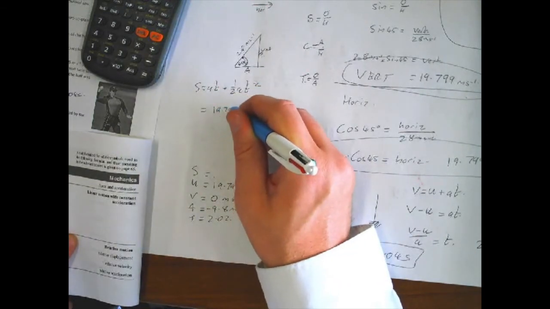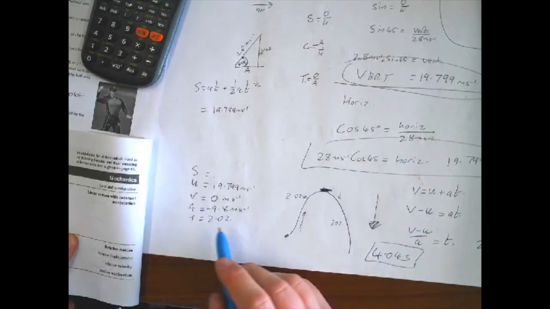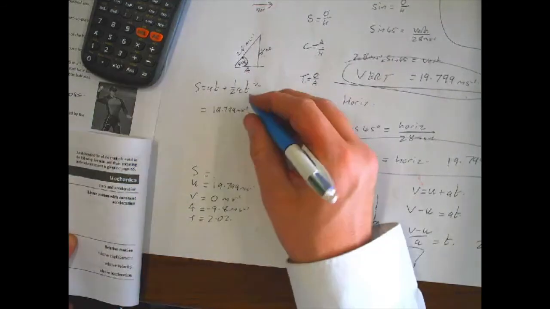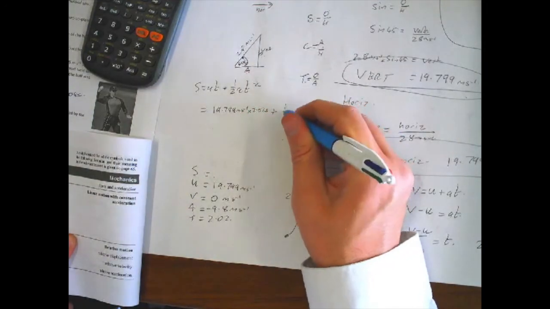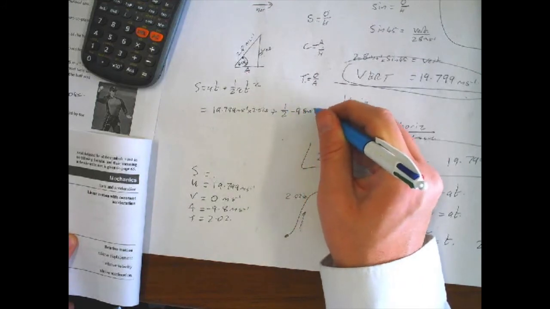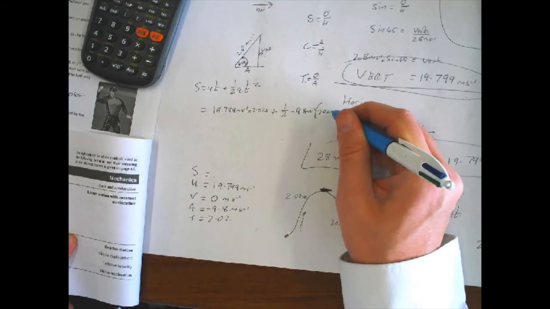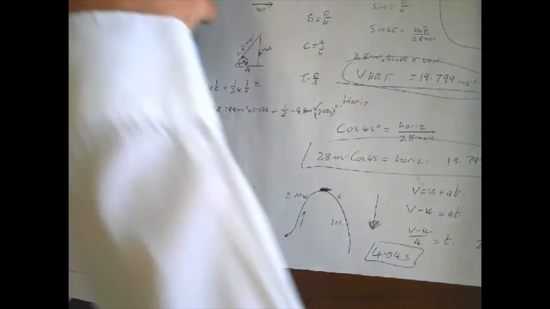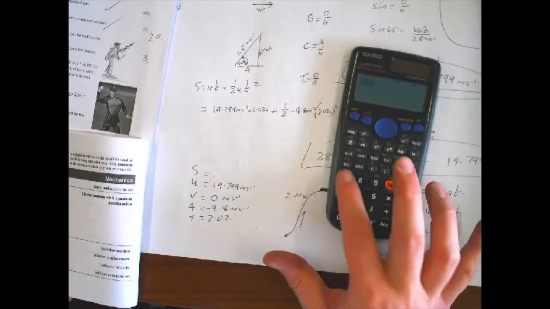So that displacement is equal to ut, so 19.799 meters per second, times the duration of how long it was going up, 2.02 seconds, plus half, multiplied by, I've probably chosen the most complicated one actually now that I think about it, minus 9.8, times the time squared, which is 2.02 seconds squared. Yeah, I probably have. Well, we'll persevere.